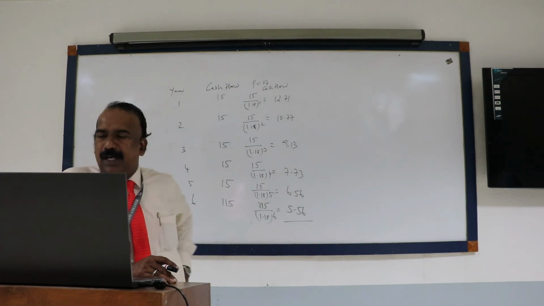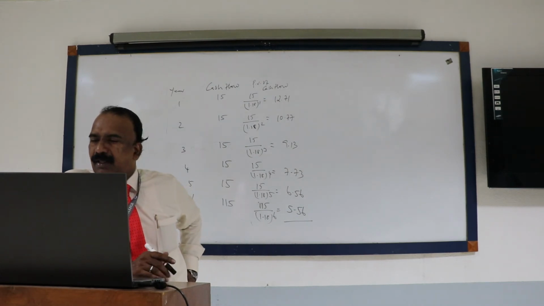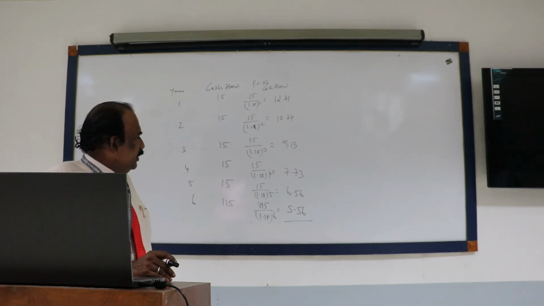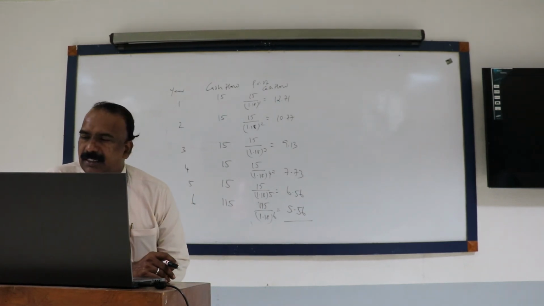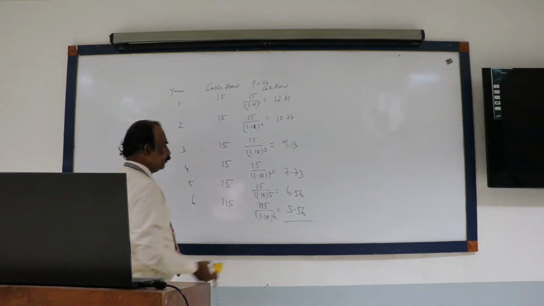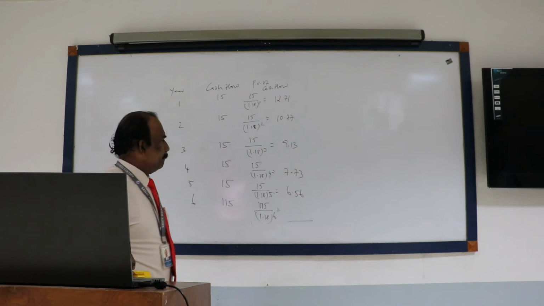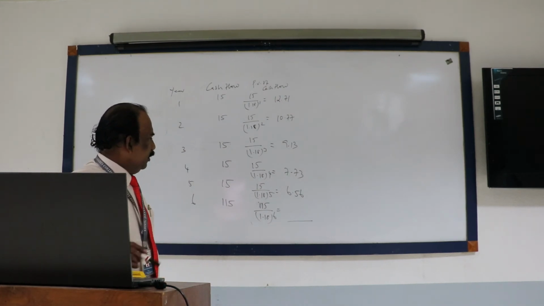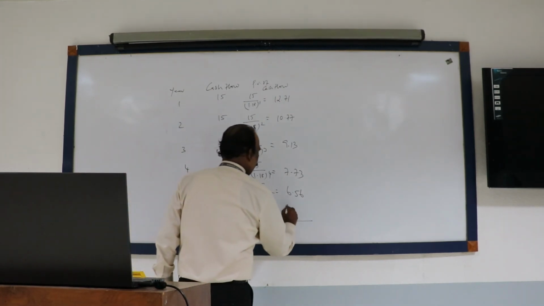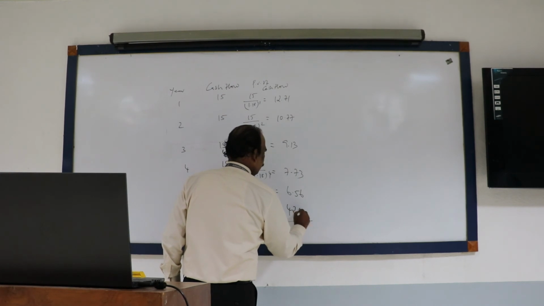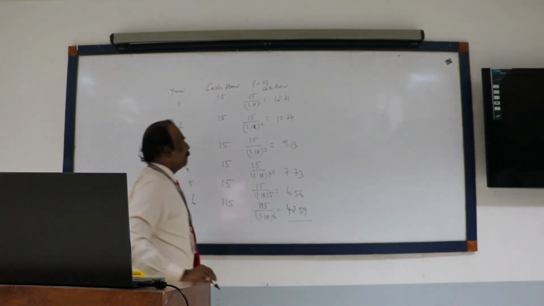115 divided by 1.18 power 6, last year. The 6th year is not 5.56, no? The 6th year must be higher. How much? Sir, it's 42.59. So total?